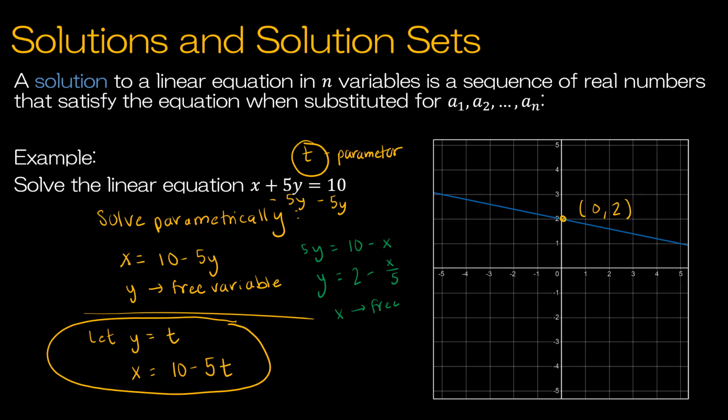Would that be the exact same thing? And the answer is yes. Typically, we're going to use whatever free variable is easiest to find. And typically it's going to not be the x variable that is free, but you'll see as we work more and more with parametric equations and with linear systems, exactly what a free variable can do for us.